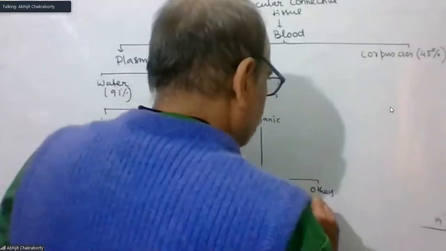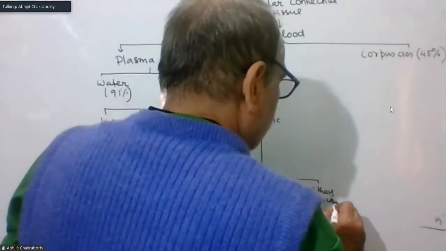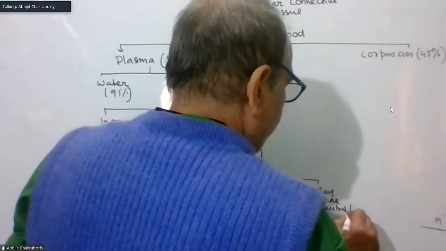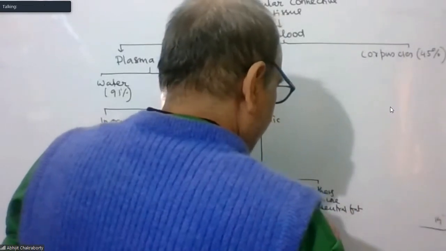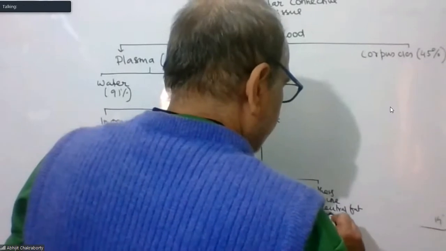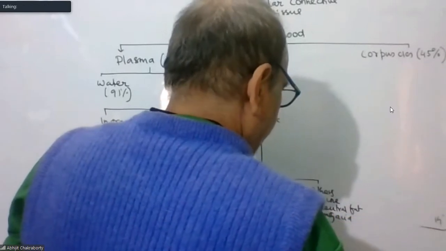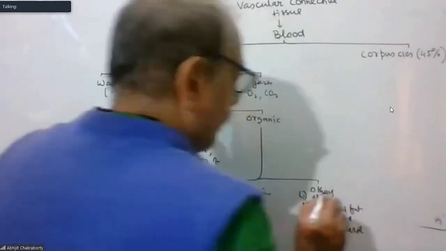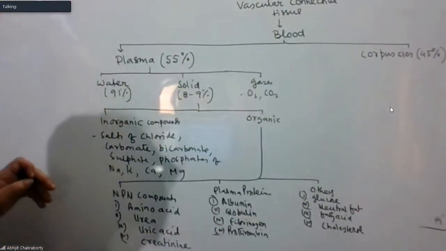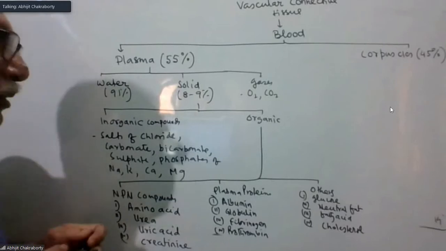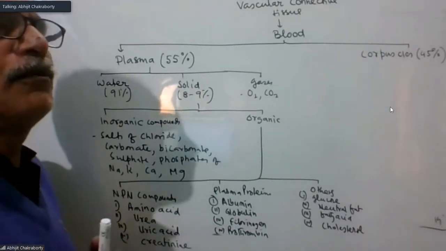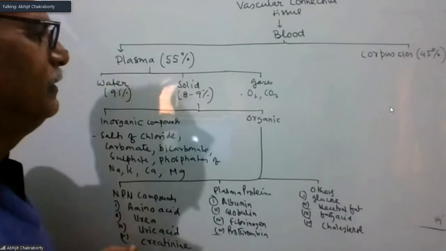Others include glucose, neutral fat, fatty acid, cholesterol. Besides these, you will get some enzymes, some vitamins, some hormones found in the blood.